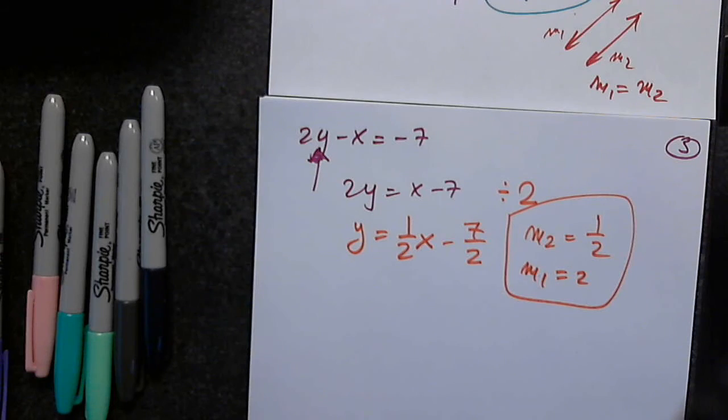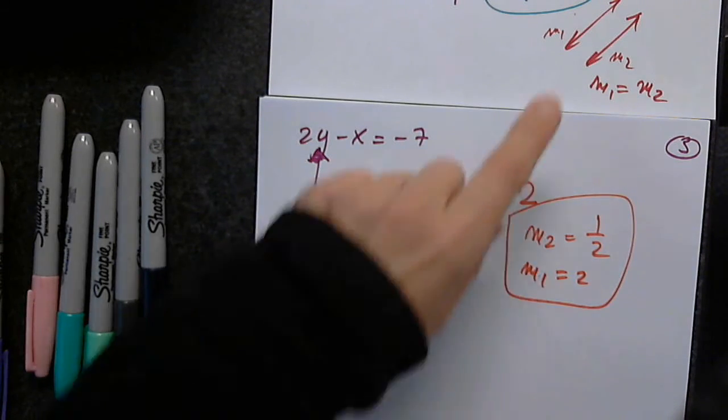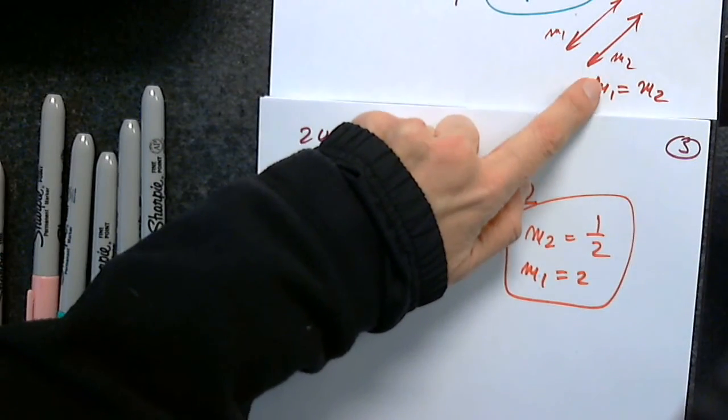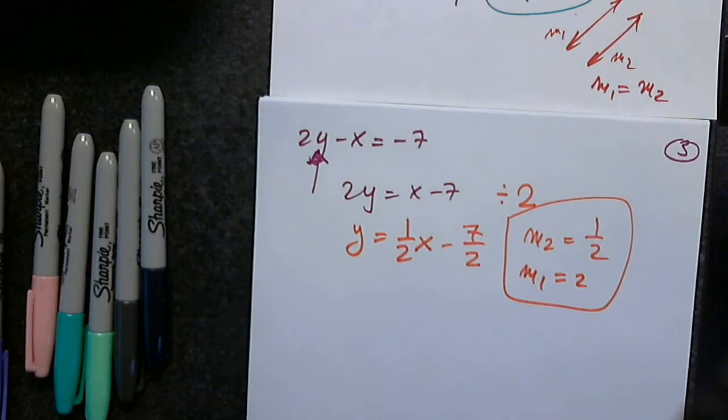They are not parallel. If the slopes are not the same, then the lines are not... what? Wake up! If the two slopes are not the same, what do we conclude about the lines?